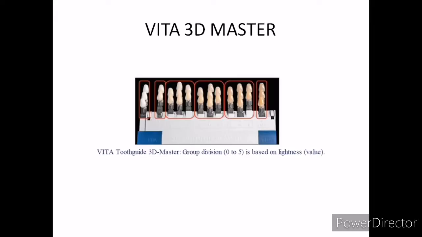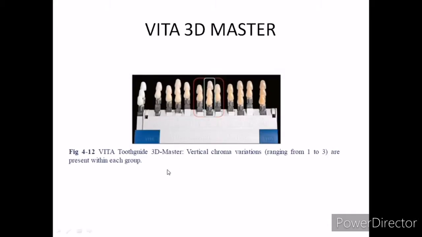Now let us discuss Vita 3D Master. In Vita 3D Master, we have 5 groups based upon the value. So this is 0, 1, 2, 3, 4 and 5. Then we have chroma variation. This is vertical chroma variation ranging from 1, 2 and 3, which are present within each group.